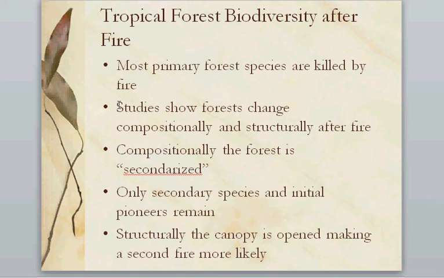The forest is opened up, and secondary species will come in, or pioneer species, or what we would call R-selected species, would come in to the forest area. We would say that the forest has been secondarized. So only secondary species and initial pioneers will remain. All the primary stage, all the K-selected species, a lot of them have been killed by the fire if it is heavy and dense enough.